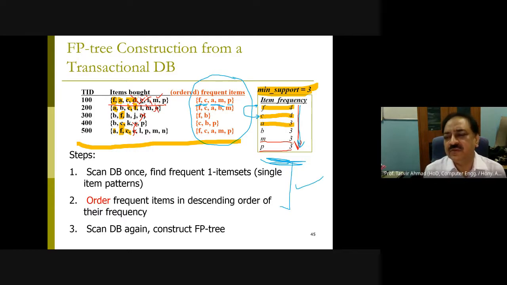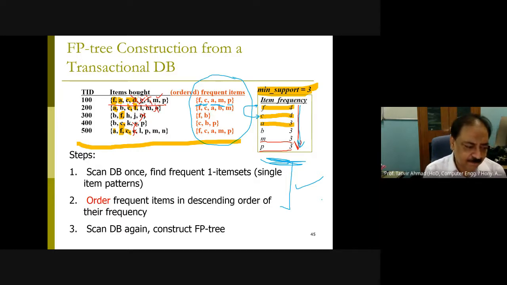I completed these two. And the third task I will do now. I will scan the database again to construct the FP tree. Now, here you will find the answer to the question I just discussed in the last slide. How many scans do you require to construct the FP tree?